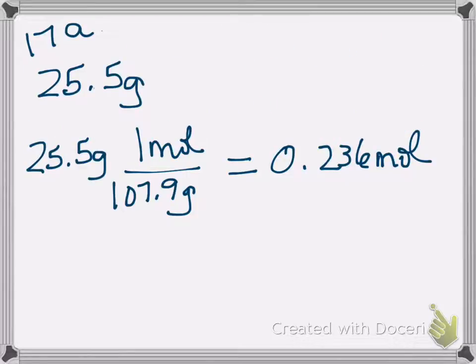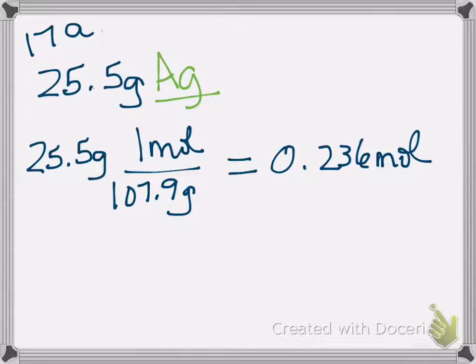All right, 17A. The question says determine the number of moles in each of the following. So you have 25.5 grams of silver. Okay, so we have 25.5 grams of silver, and we need to get to how many moles there are. So we start with 25.5 grams. 1 mole is 107.9 grams because silver weighs 107.9.